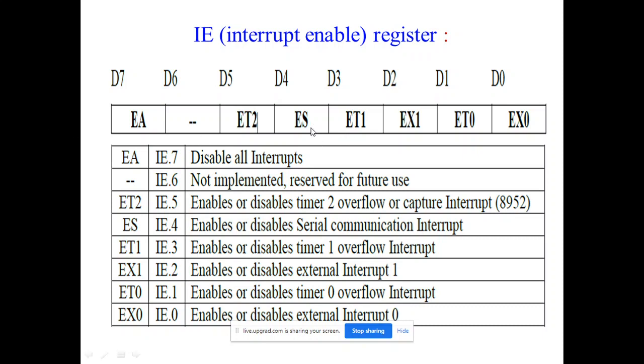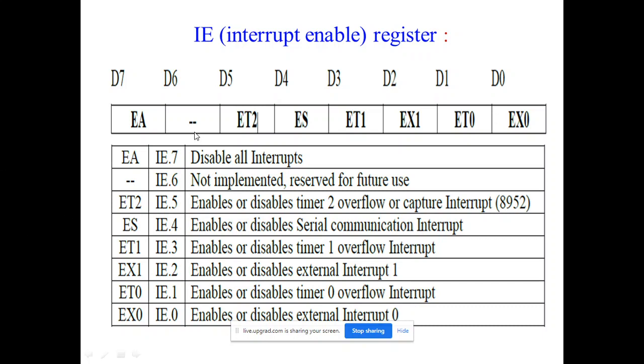In some other situation, sometimes the controller doesn't want to serve serial communication. That time it will just disable serial communication. Means this particular bit number 4 is 0. Means serial communication is disabled and all others are enabled. In this fashion, as per your application, you can enable or disable any interrupt source other than reset. That is in your hand.